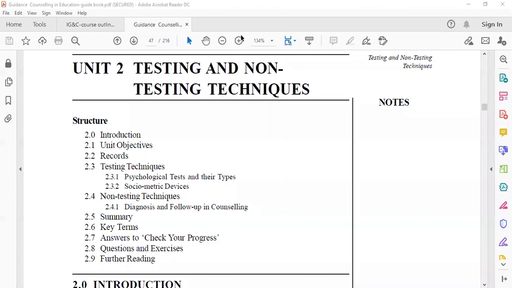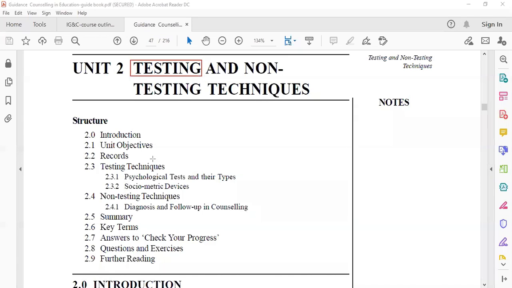Yesterday we had covered the quantitative approach. In the quantitative approach, we had learned about testing, test as a tool of data collection and information gathering regarding the guidance and counseling of students in a school setting.